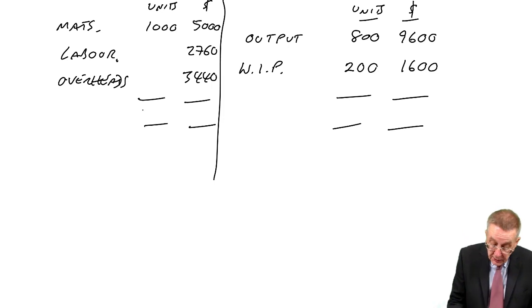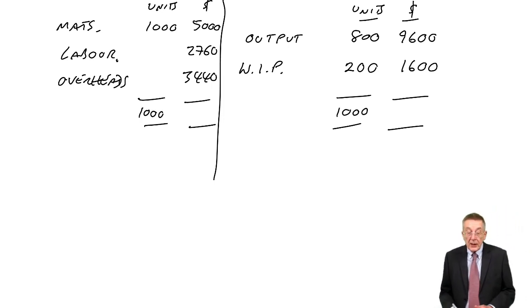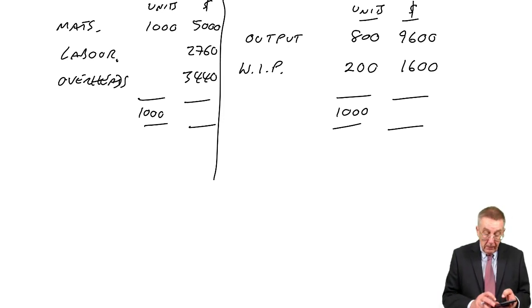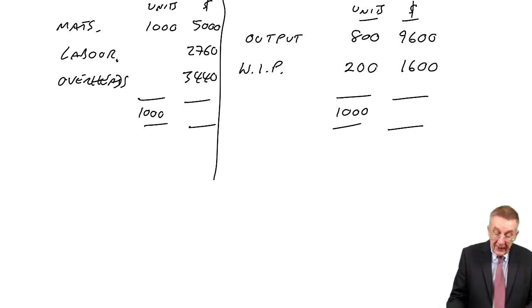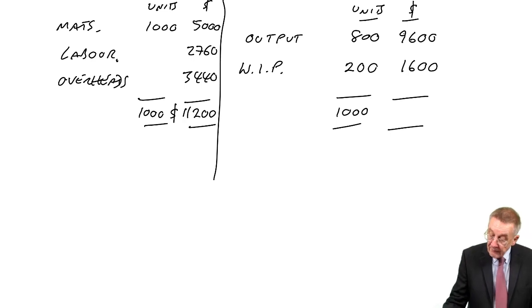Does it balance? It should do. 1,000 units are accounted for. As far as the costs on the debit side, the total we spent, $11,200. Here, yeah, 11,200.